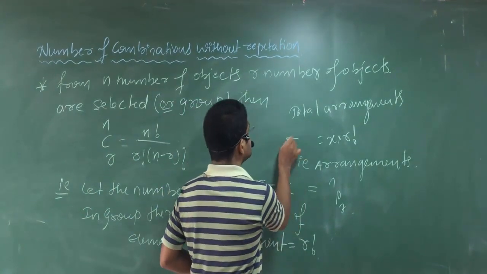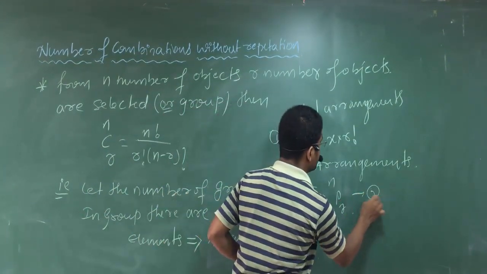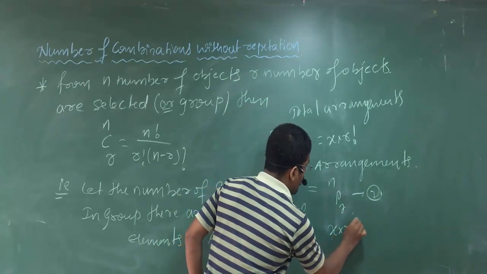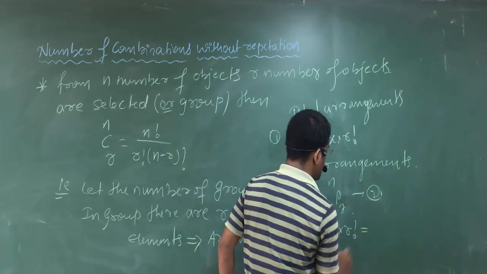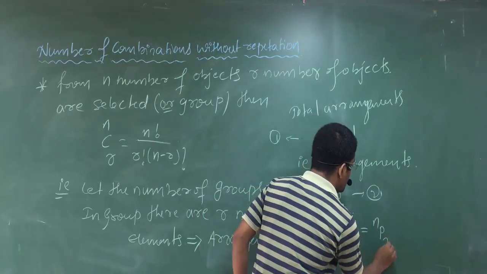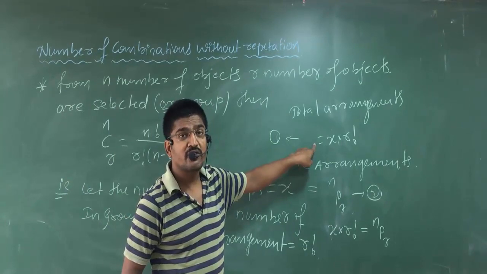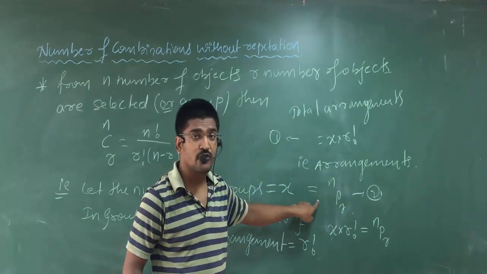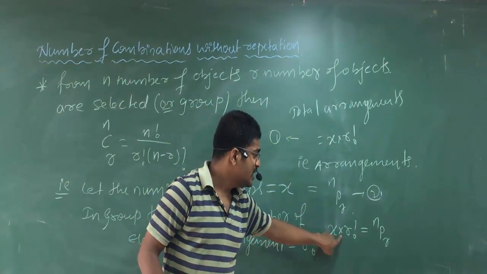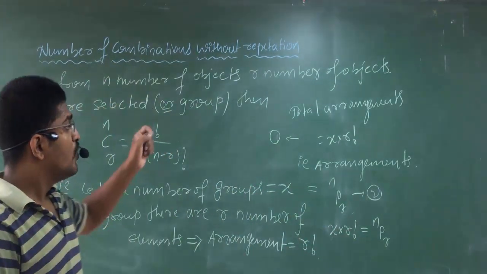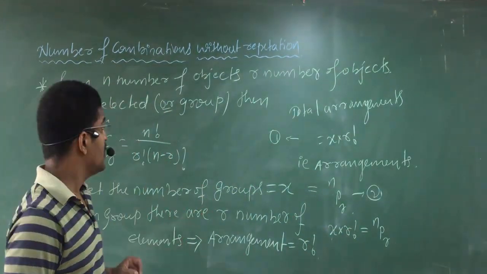Therefore, from these two, we can say that x into r factorial will be equal to nPr. Are you getting my point? Because these are the total number of arrangements. So x into r factorial will be equal to nPr, from 1 and 2, both the equations are equal.